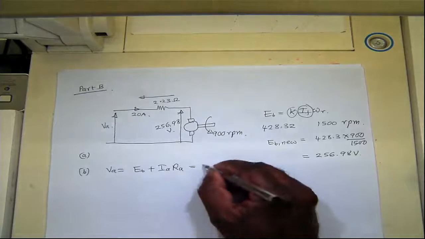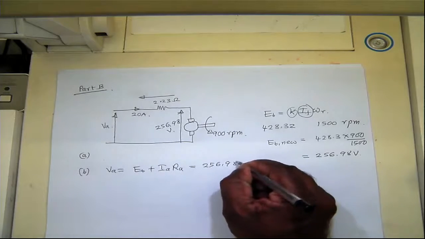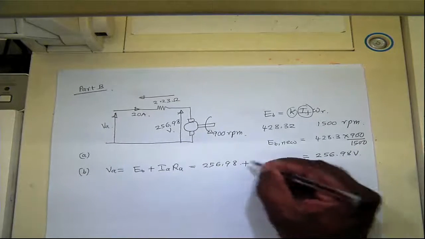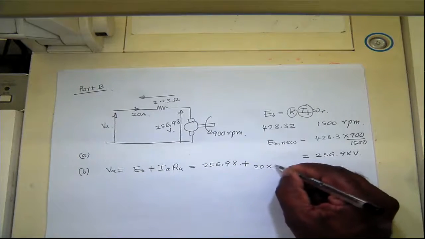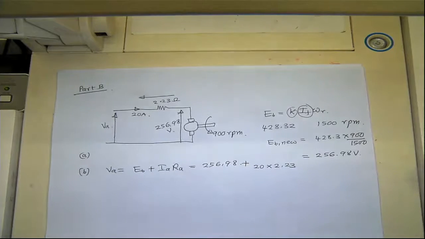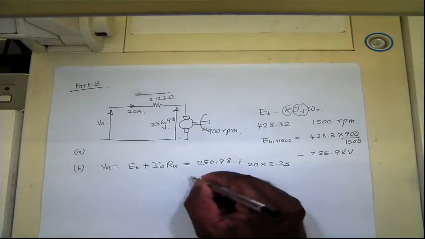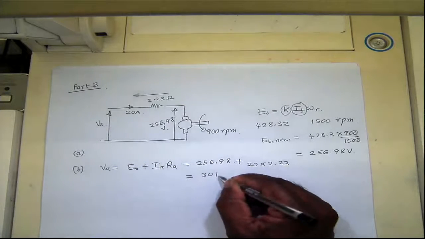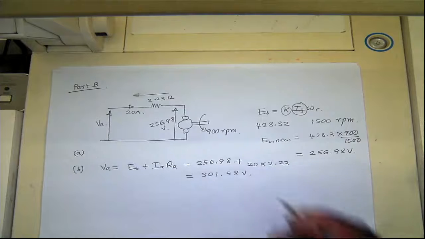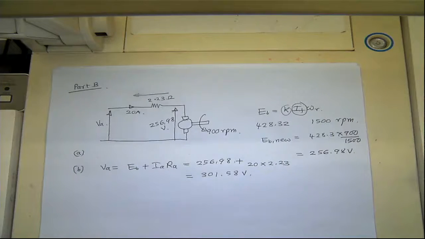So that's 256.98 plus the voltage drop across this, which is 20 times 2.23, which is 301.58 volts. That's the voltage that you need to feed to work the motor at that particular operating point.